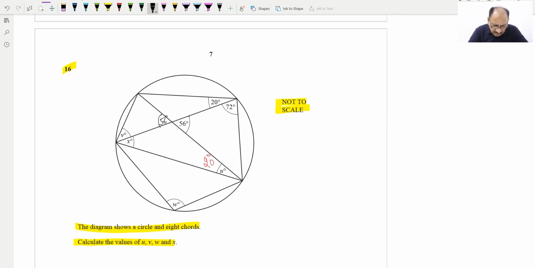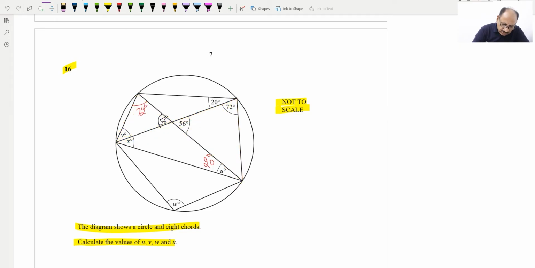And if this angle is 56, then we can take this top angle. Which top angle I'm referring to? One top angle is this one, which is 72. I will take another top angle which is this one, which will also be 72. So I will write here this angle is 72 degrees.